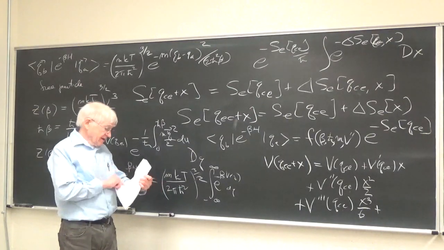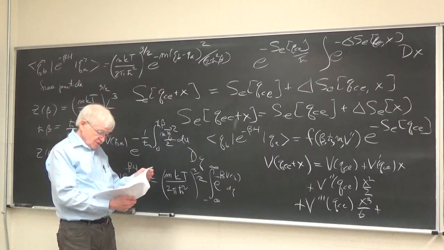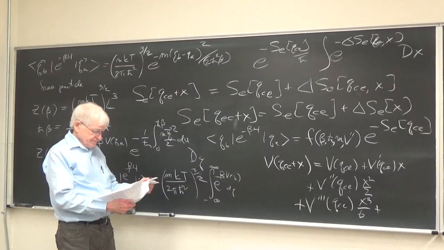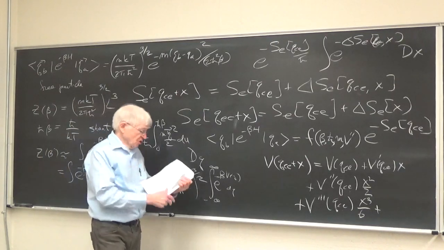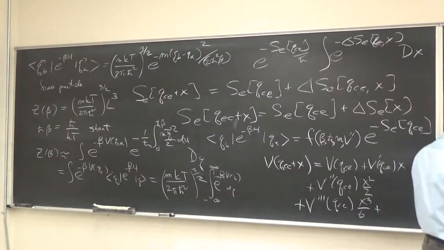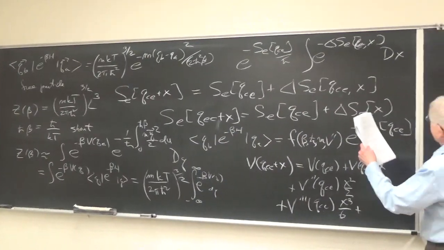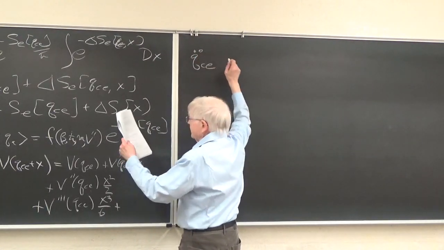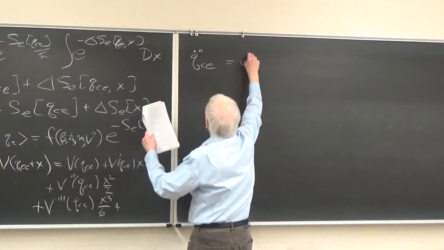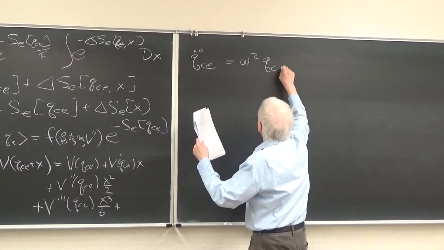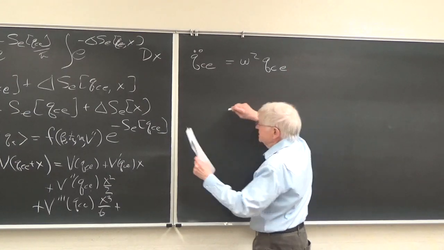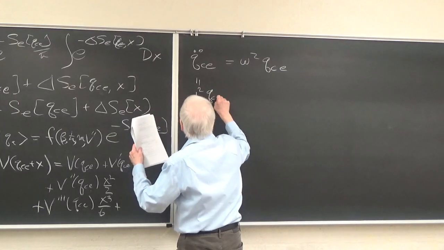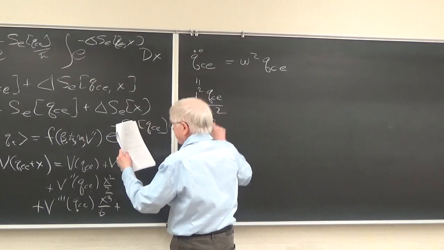I was going to skip that completely, but let me just show you a little bit of what is going on here. You see, the equation for, say, a harmonic oscillator is then Q double dot equals omega squared Q classical Euclidean, where double dot means d squared Q classical Euclidean over du squared.